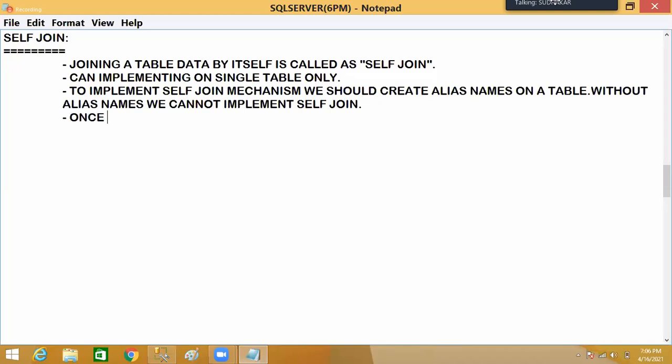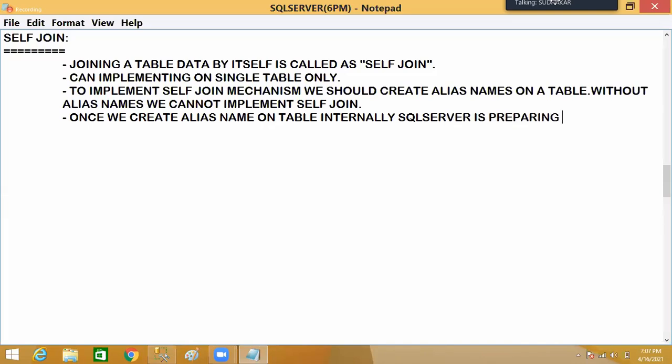Once we create an alias name on a table, internally SQL Server is preparing a virtual copy, a copy table, on each alias name.